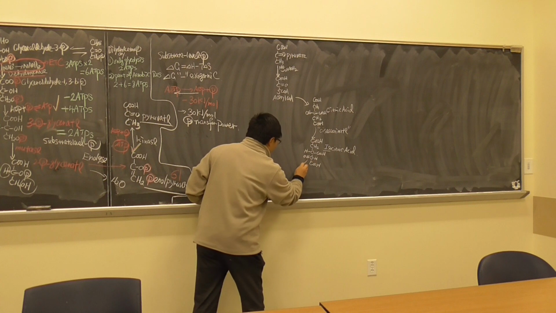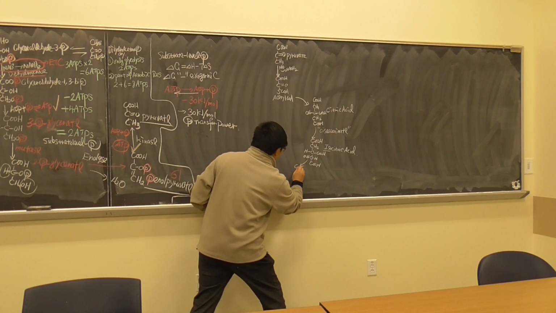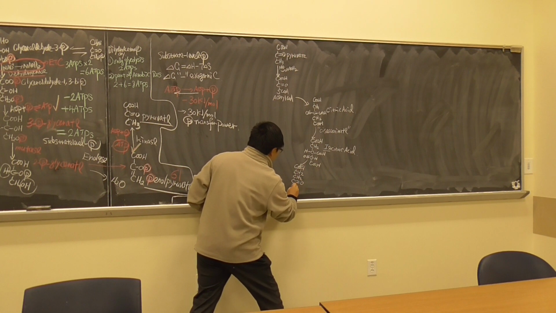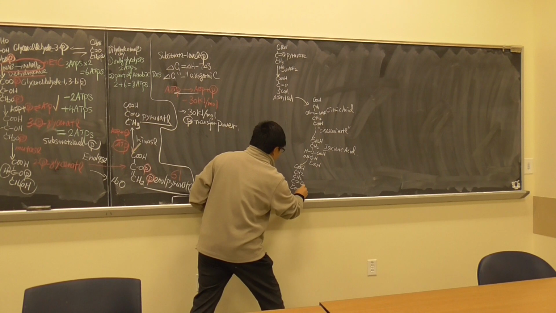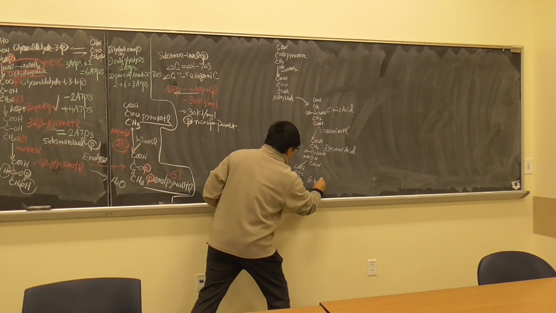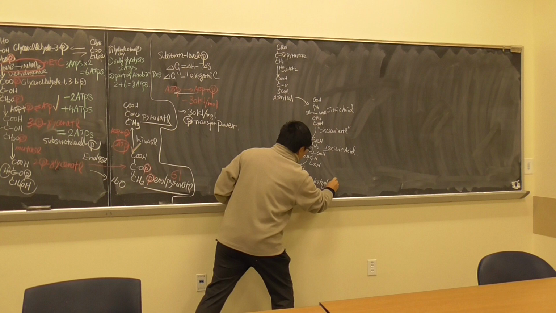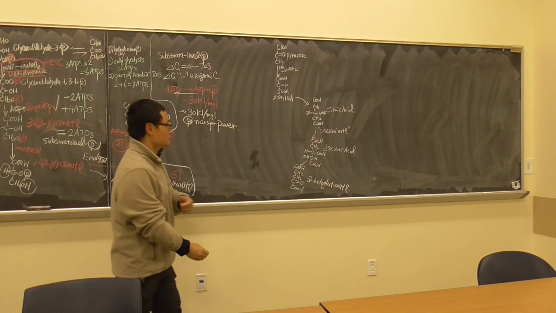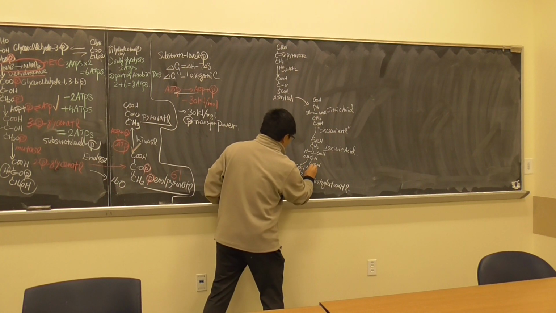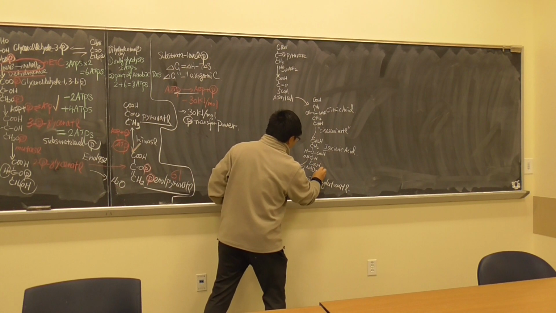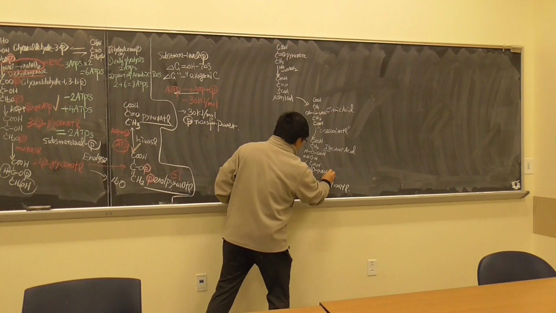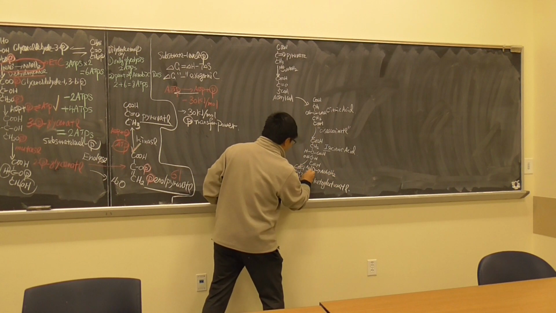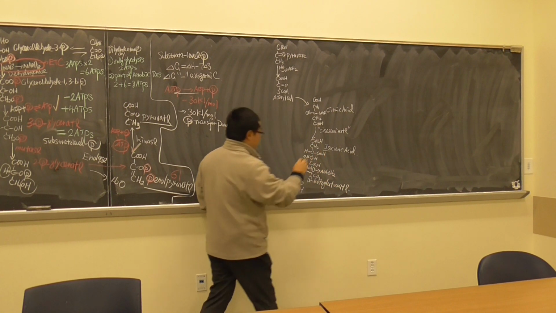Then we go here, will generate COOH, CH2, CH2, CO, and COOH, alpha-ketoglutarate. This has happened: NAD reduced to NADH2 and also release carbon dioxide.